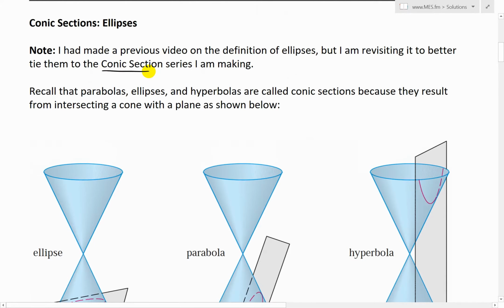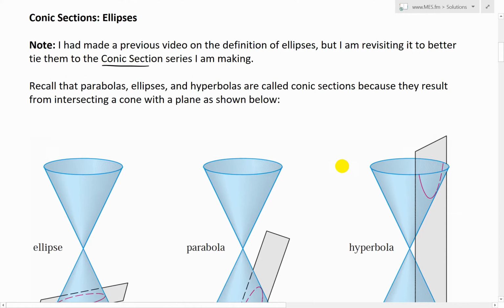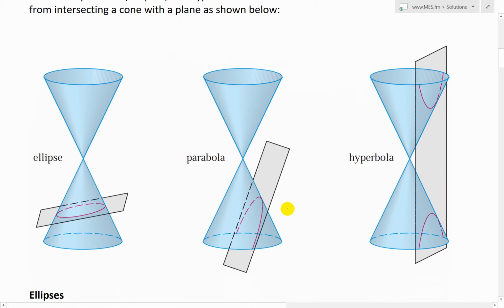Now recall that parabolas, ellipses, and hyperbolas are called conic sections because they result from intersecting a cone with a plane, as shown below. In my earlier videos I went over the parabola, where you cut through a cone like this and get a parabola. Now if you cut through one of the cones you get an ellipse.